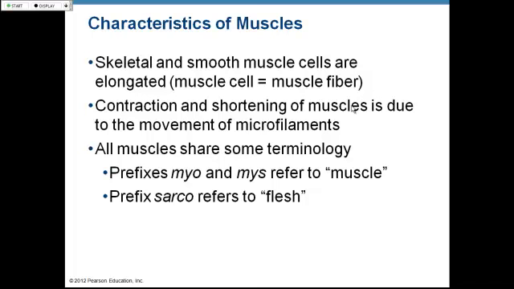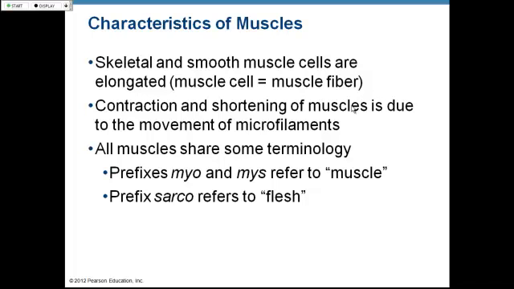All muscles share some terminology. Prefixes of myo and mys refer to muscle. And then the prefix sarco means flesh. When we eat the flesh of a cow, we are eating cow muscle, okay? That may actually make some of you realize that maybe you want to be vegetarians now, okay?